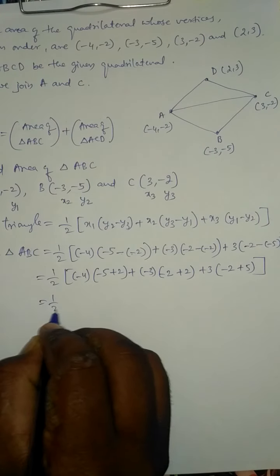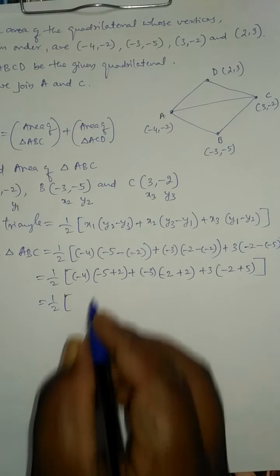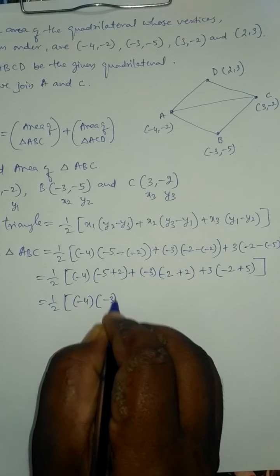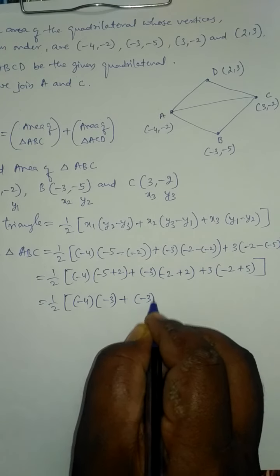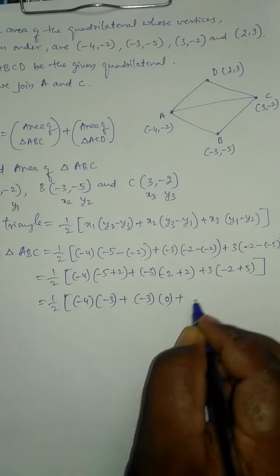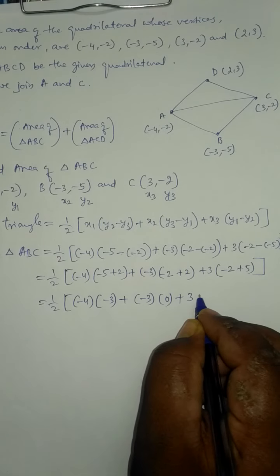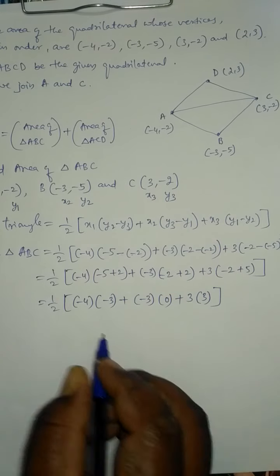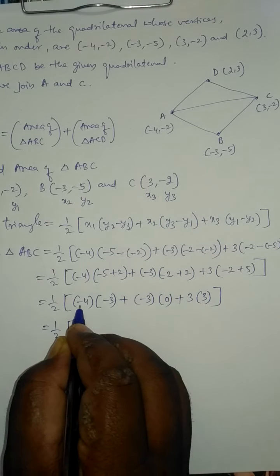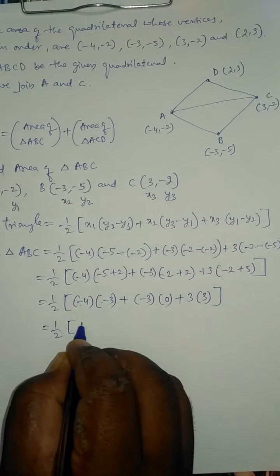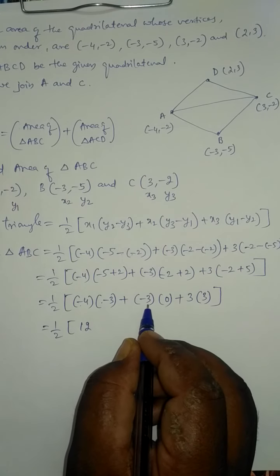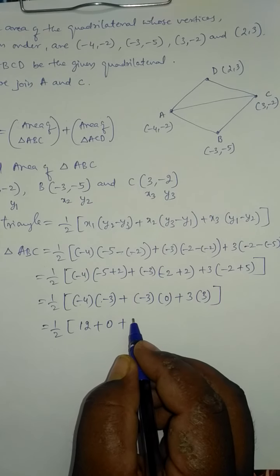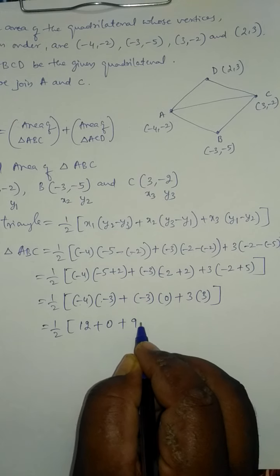Then this is equal to half into, here what happens, minus 4, minus 5 plus 2 is minus 3, plus minus 3, this is 0, then this is 3 into minus 2 plus 5 is plus 3. So next step, half into minus into minus plus 4 3 is 12, 0 into minus 3 is 0, so this is 0, then 3 3 is 9, so 9 I am going to write here.